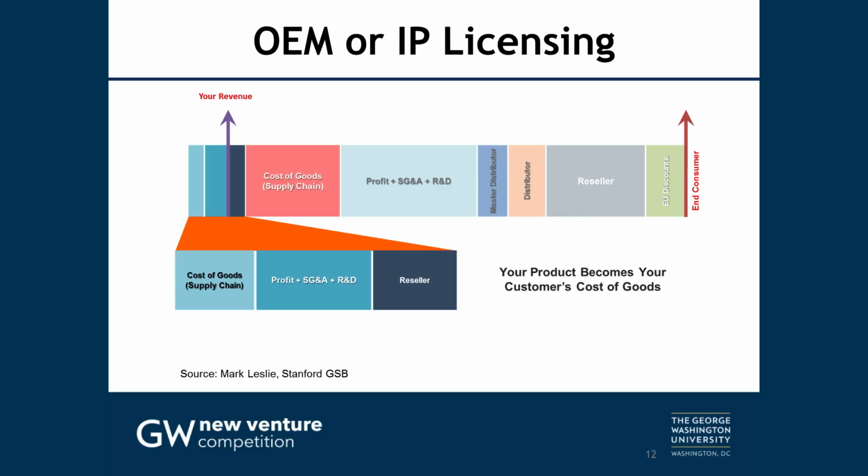What you are is just a sliver of their cost of goods. You become just a piece of theirs. So again, you need to be mindful of what your product contributes to their product, and that will determine their value as a distributor, as well as your value to them as part of their offering.